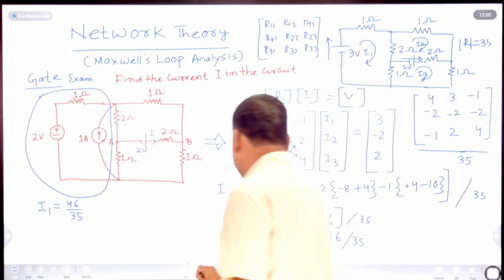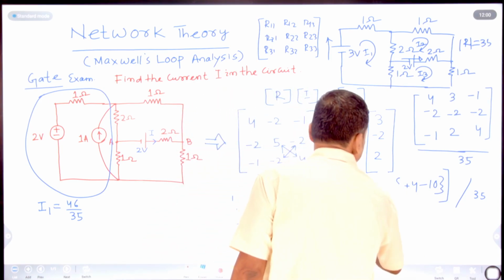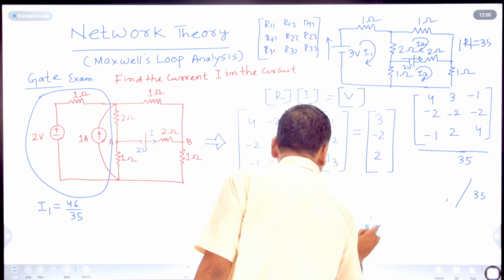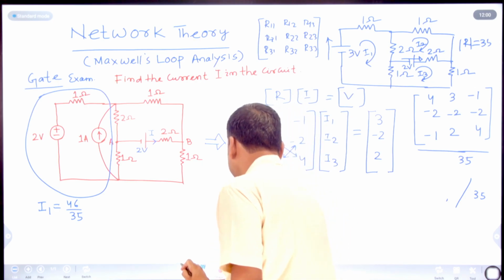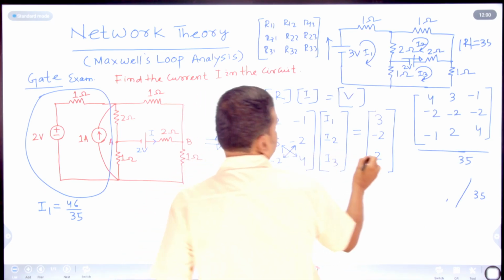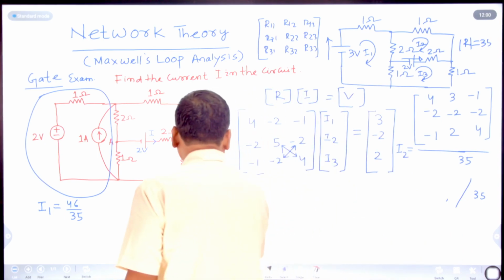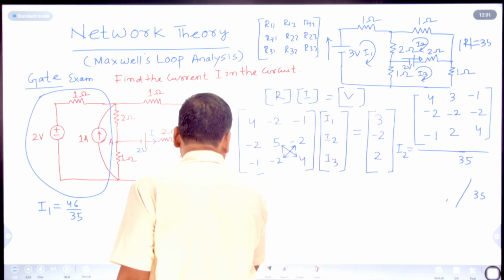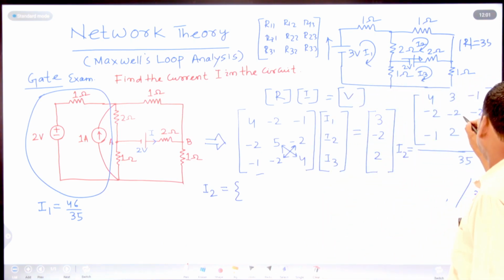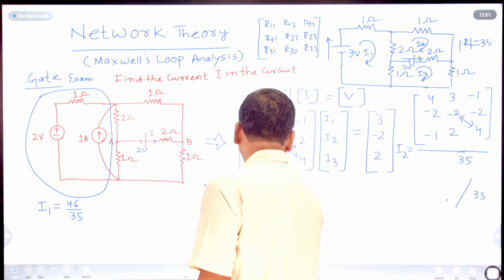Then find the value of this. I2 equal to 4 into this minus this into this. 4 into minus 2, that is your minus 8.